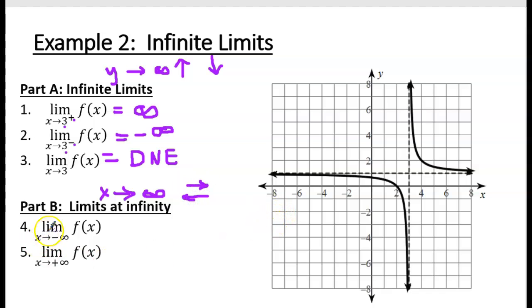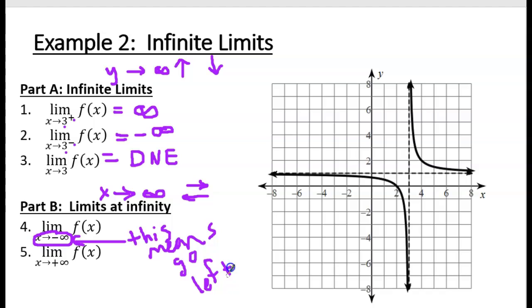So when you look at this here, the limit as x approaches negative infinity, maybe make a little arrow here and make a note to yourself. This means we're going to the left. And I'm going to put forever here.